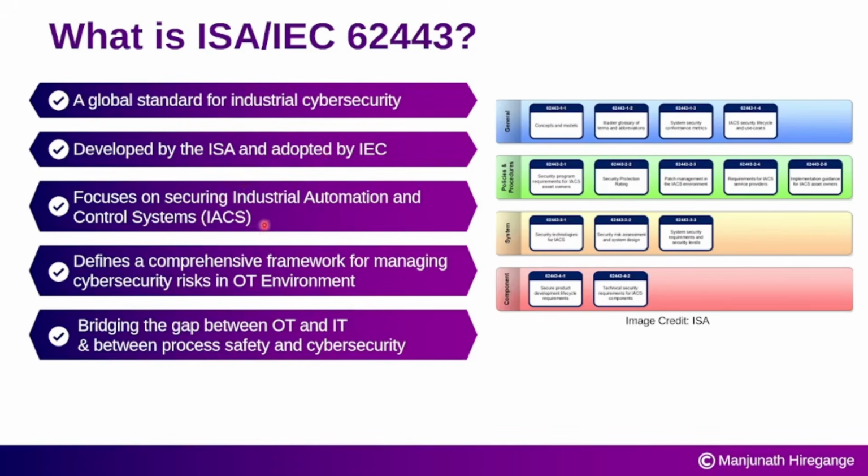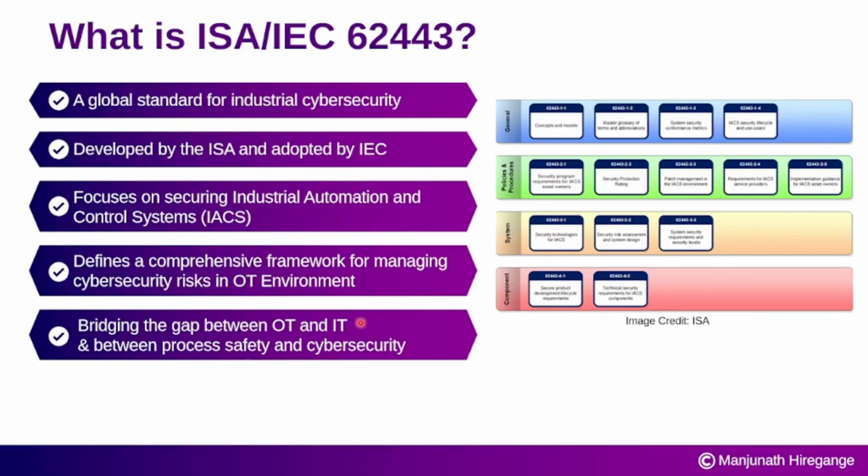Now this standard is not just a set of rules. Actually, it's a framework that really helps any organization manage cybersecurity risks in their OT environment, that is, operational technology environment. And what makes it stand out is that it bridges two critical gaps, between OT and IT, ensuring that they can work together securely without compromising safety or security.